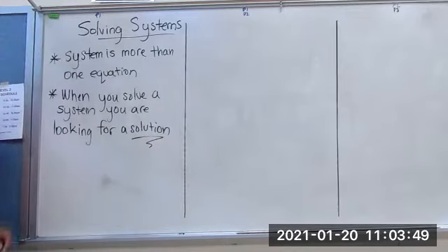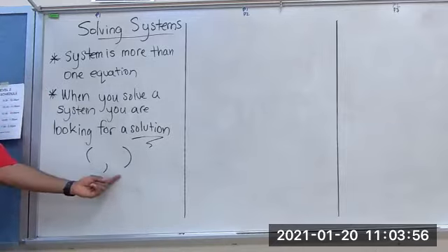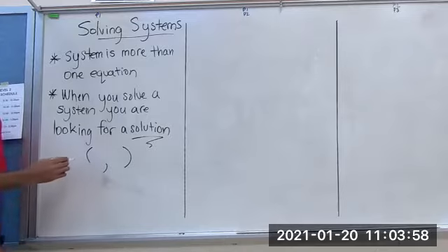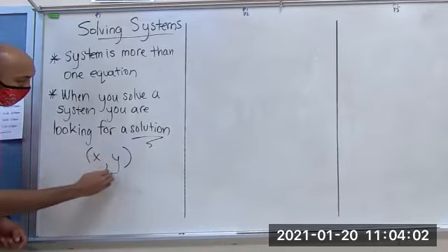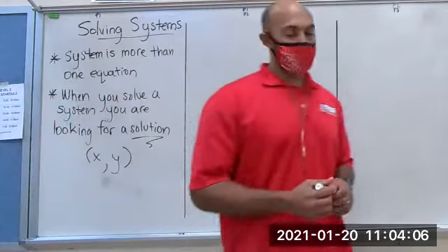Okay, looking for a solution, and that solution is always going to be written like this. We're just going to put parentheses, a comma. Do you know what goes here? X and Y.